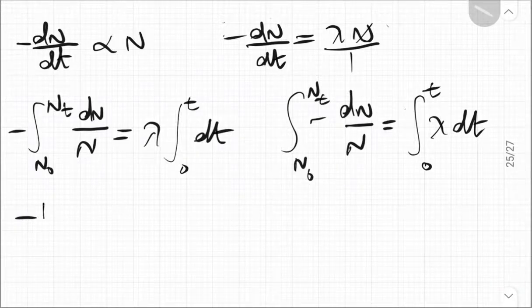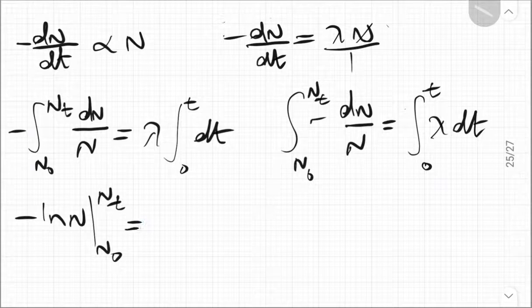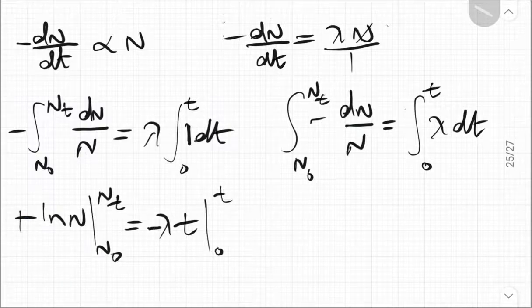So we have negative natural logarithm of n from n0 to nt equal to lambda. Now this is going to be t if you integrate, just because we have just one here. So if you integrate one, we just have t from 0 to t, right? So we could actually multiply both sides by minus. So we have minus here, right? Okay.